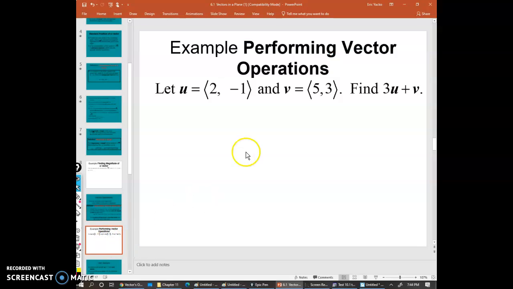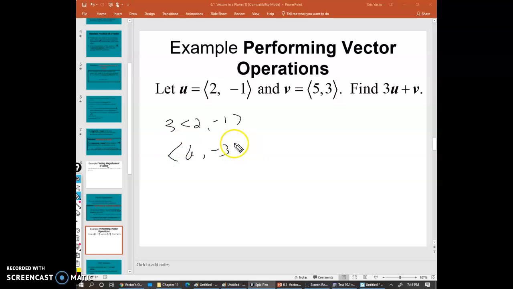So let's go ahead and do some of these operations here. We have two vectors u and v. Let's go ahead and do the operations, and you just follow the order of operations here. So you have 3u, which means you're multiplying vector u by 3. So 3 times <2, negative 1> will turn into 6, because 3 times 2 is 6, and then you have 3 times negative 1, which is negative 3.